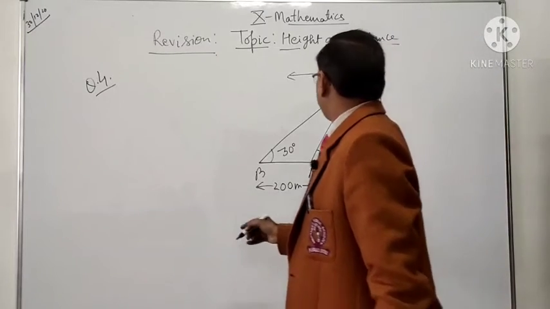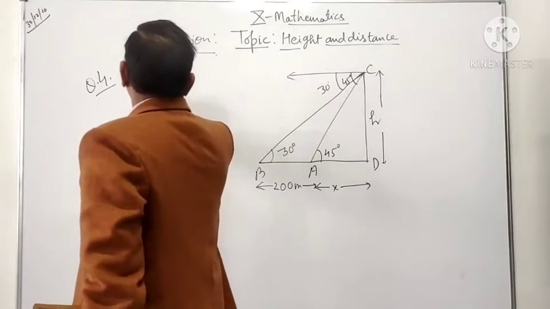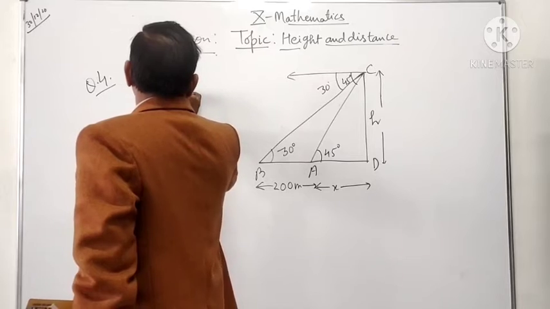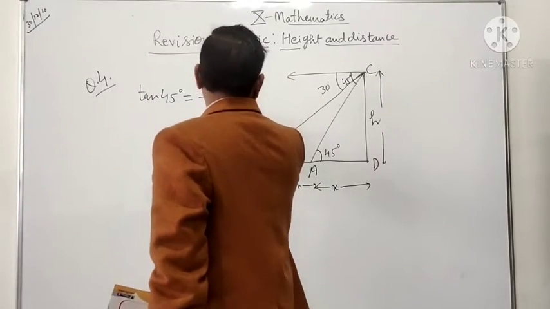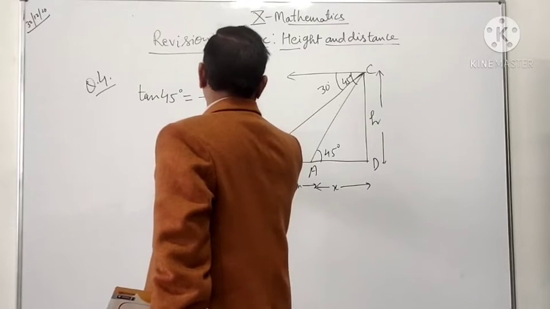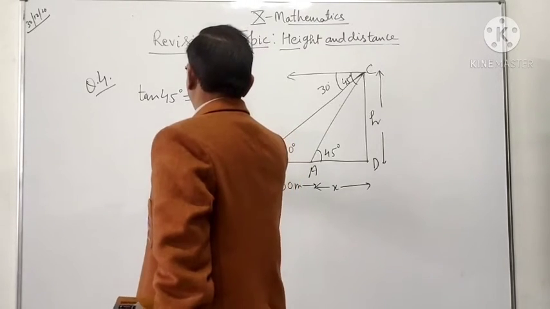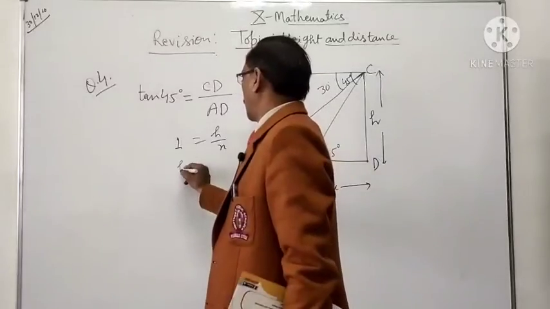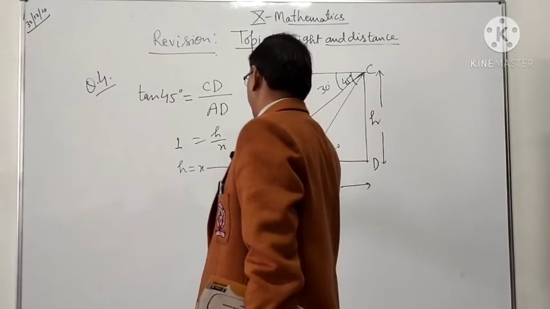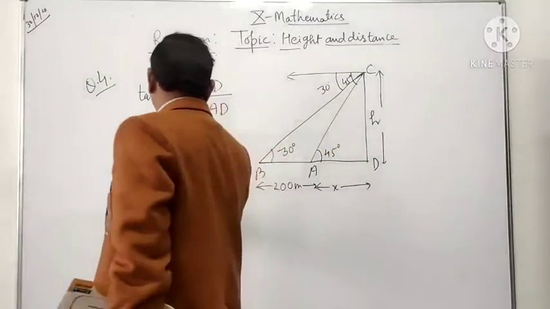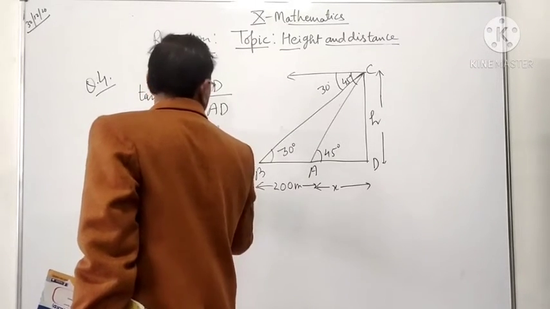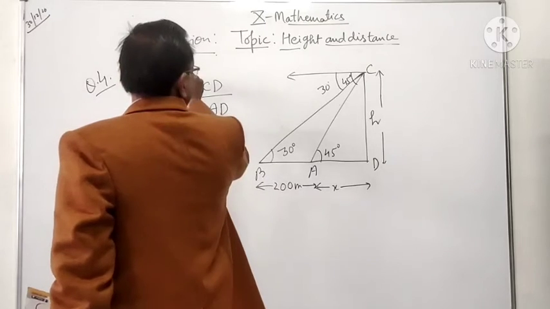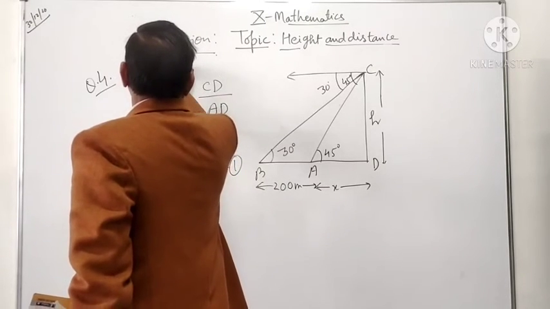Now, tan 45 equal to CD upon AD. It is H upon X. Tan 45 is 1. So H equal to X. Equation 1. Now, tan 30 degree. Here we are discussing the triangle ACD.